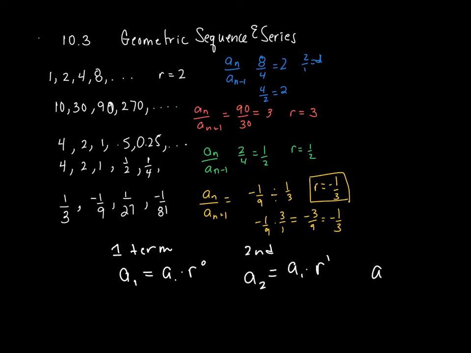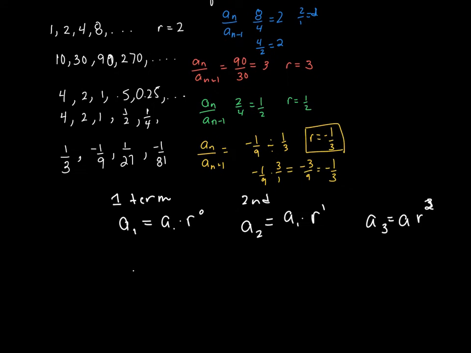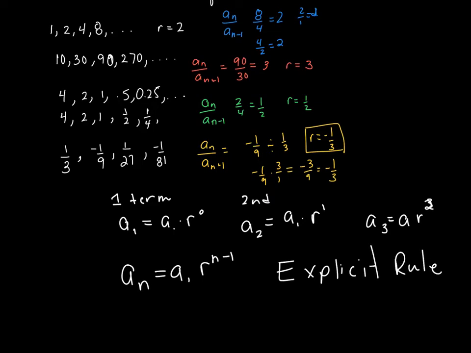And the third term would be a_3, a_1 times r to the second. Or the general piece with that is a_n is equal to a_1 times r to the n minus 1 power. So as you can see, this is the explicit rule for a geometric sequence. And this will always be the case for this.